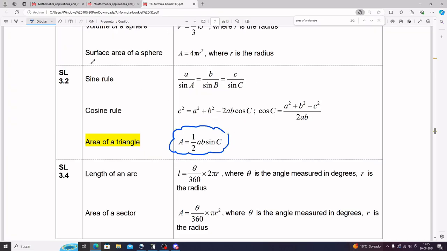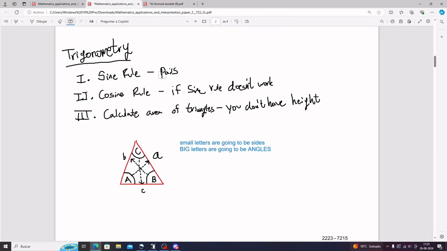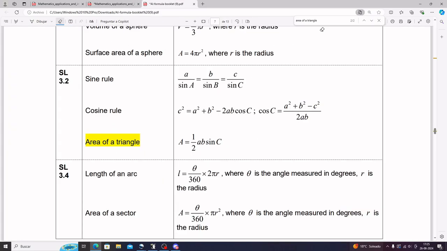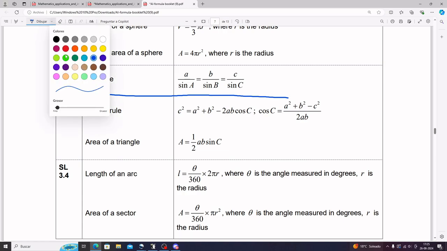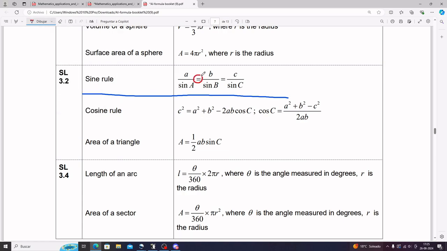And so that's why this guy online was telling me that sine rule works in pairs. If you look at the sine rule up here, first of all, you have 2 equal signs.